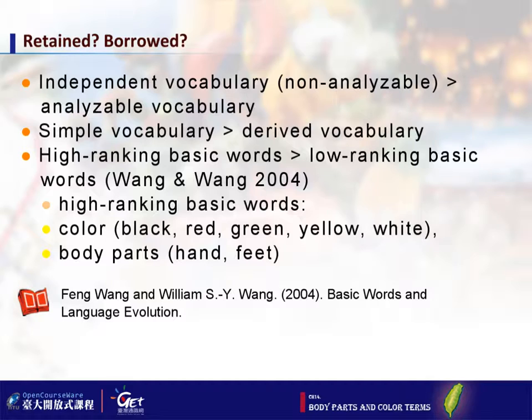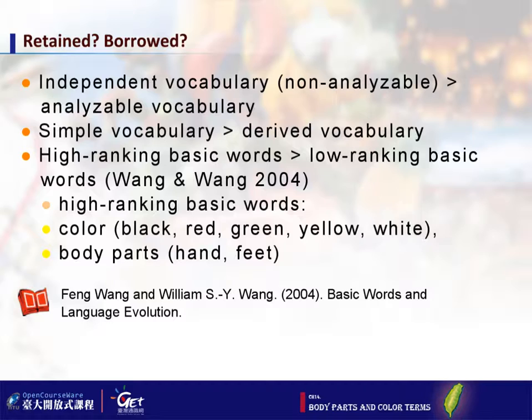And in Wang and Wang 2004 studies, it showed that high-ranking basic words would precede low-ranking basic words. The high-ranking basic words refer to the basic vocabularies that are used in most of the languages. Particularly, they mention in the vocabulary list there are color terms and also body parts.